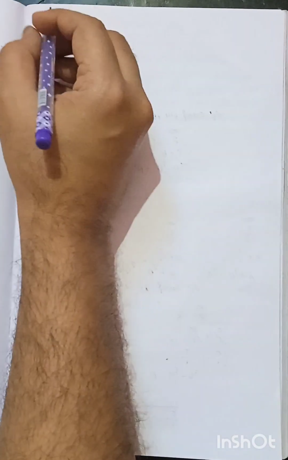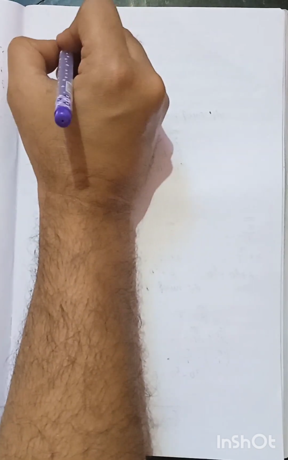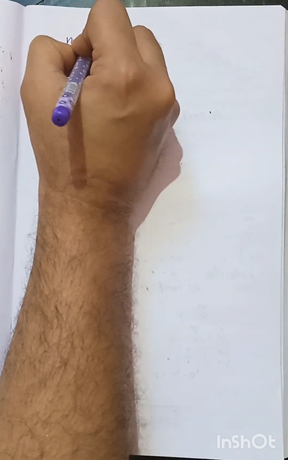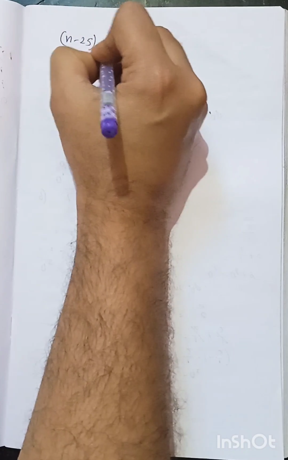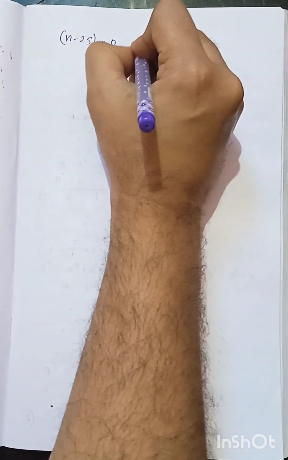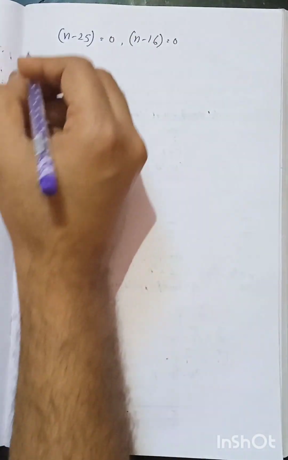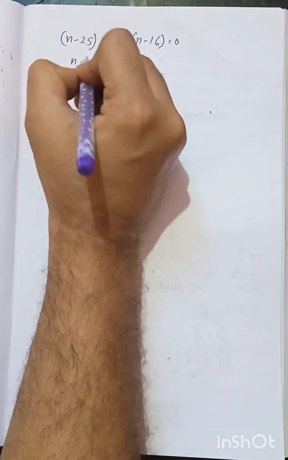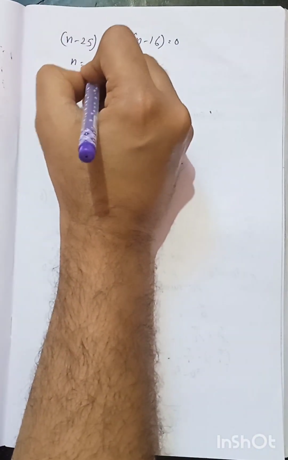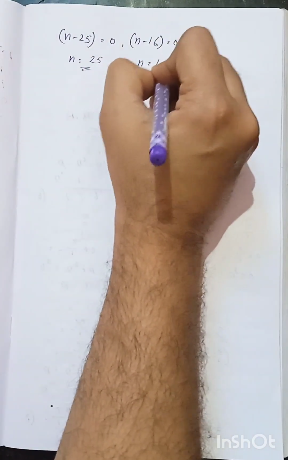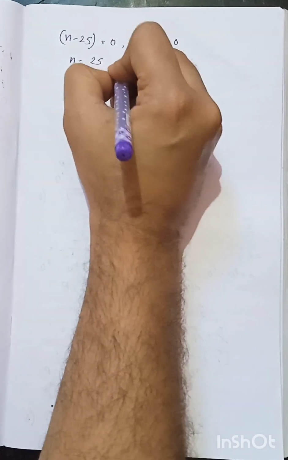Next take n minus 25 equals 0, n minus 16 equals 0. Next, n equals 25 and n equals 16.